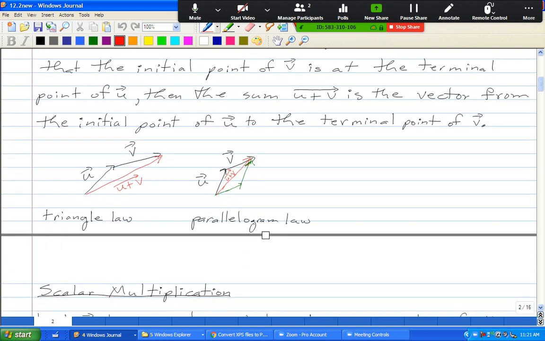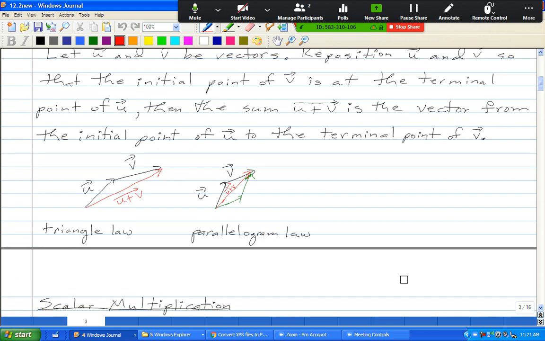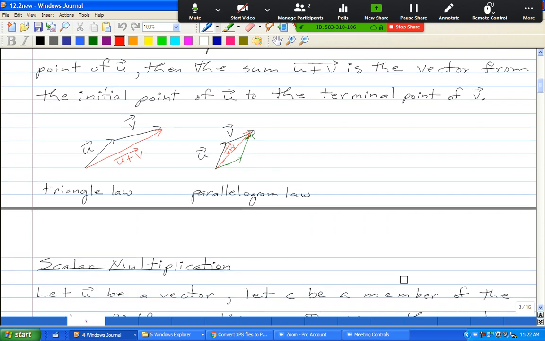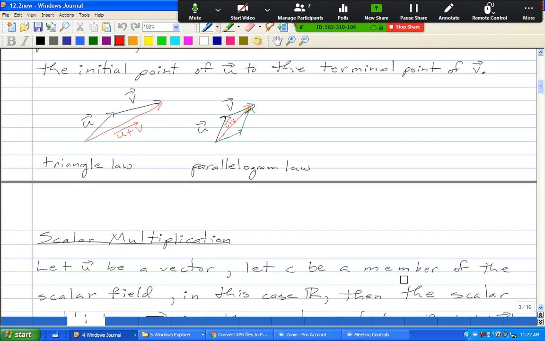Next, let me give you the second algebraic concept for vectors, the idea of scalar multiplication. Let u be a vector, and let c be a member of the scalar field. It could be any sort of field.